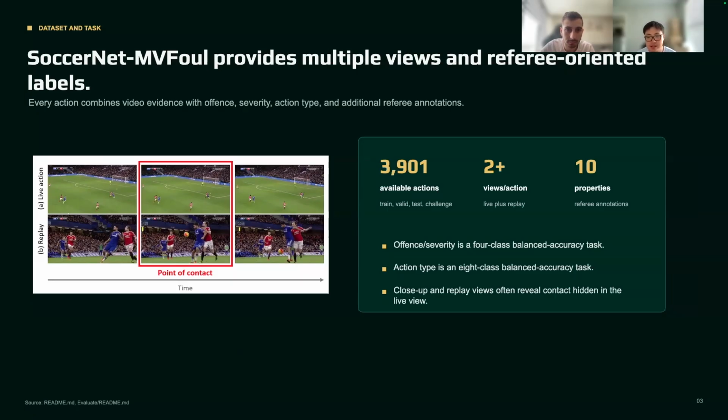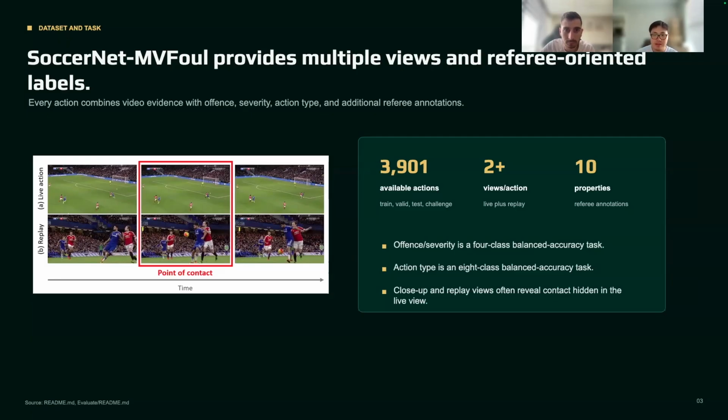Usually there is an original live action view and one or more replay or close-up views. This is important because different cameras provide different information. The wide view provides the context of a play, while a replay can reveal contact that is too small or occluded in the original view.